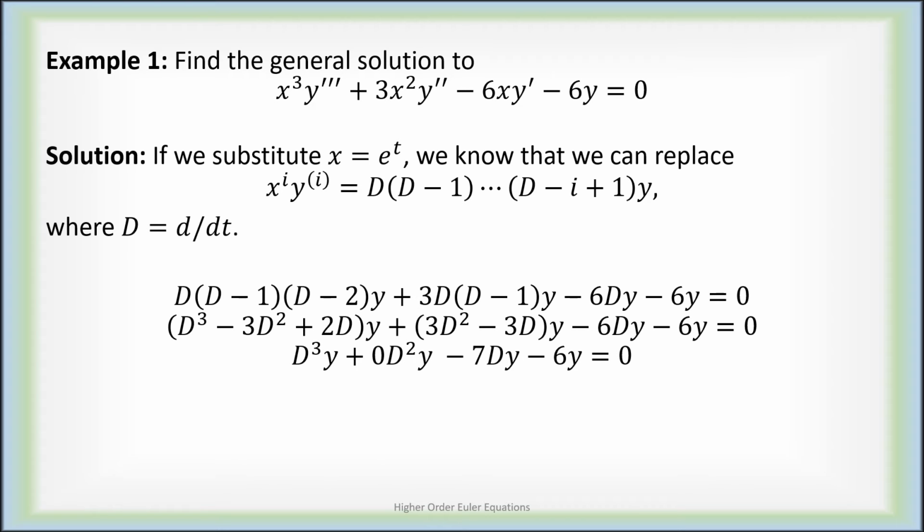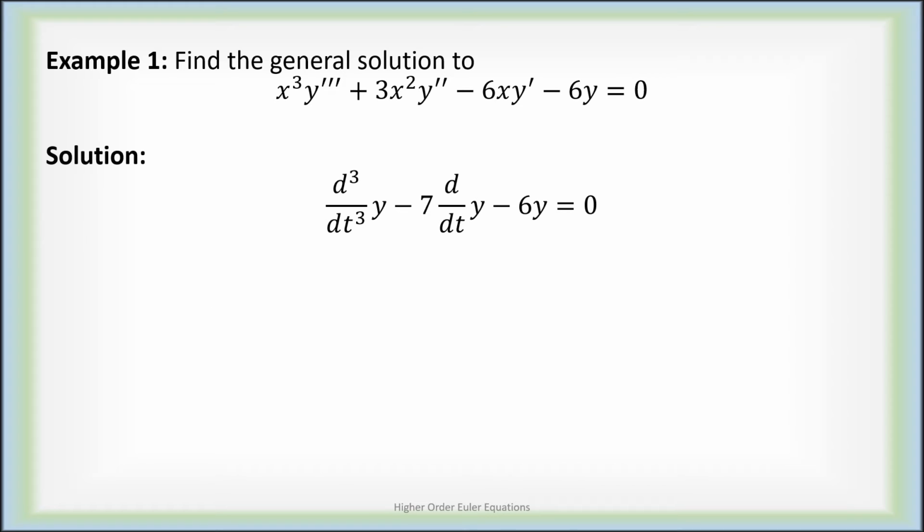Altogether, we have D cubed y plus no D squared y, those canceled out, minus 7D y minus 6y equals 0. In other words, we have the third derivative of y with respect to t minus 7 times the first derivative minus 6y equals 0. So now we have a constant coefficient third degree differential equation.